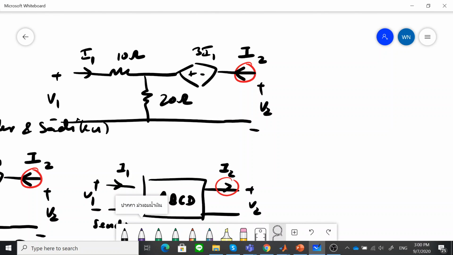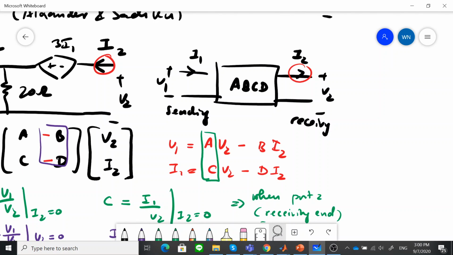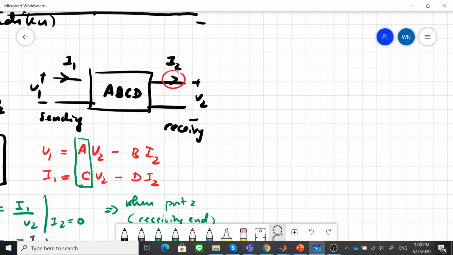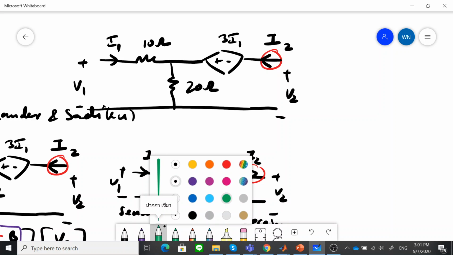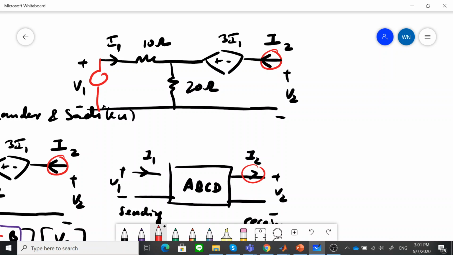Now you see, we want to compute A and C first, when the I2 is 0. So this is the scenario: port 2 is open. So we put the voltage source over here, and this is open.